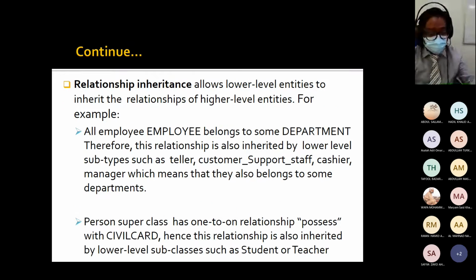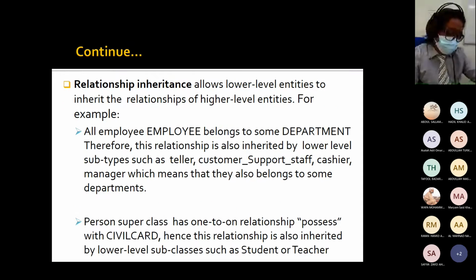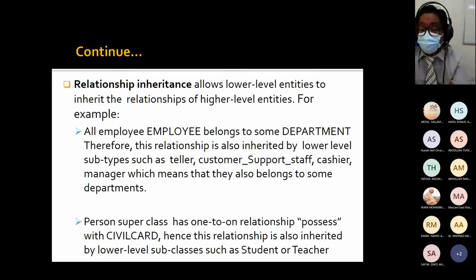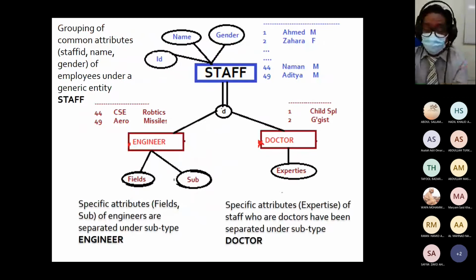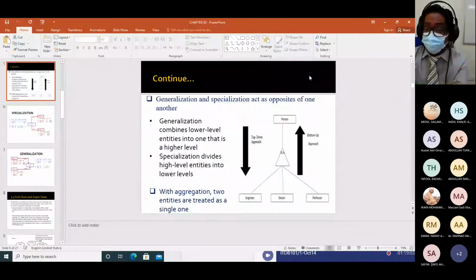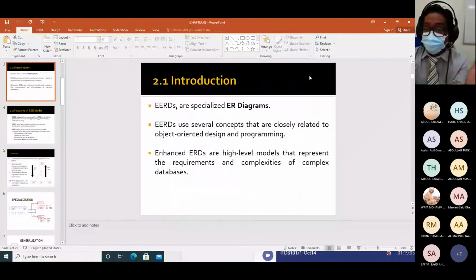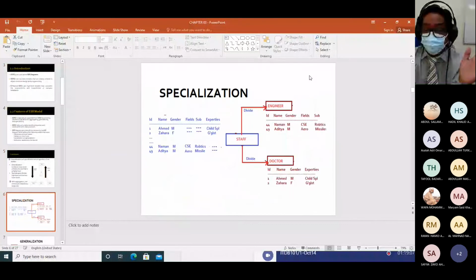To continue on that, most likely you've been almost overwhelmed with the terminologies, so let's have a review. We just started with what is EERD.